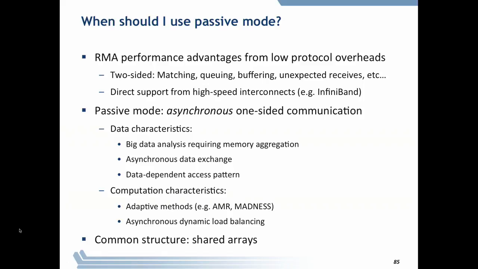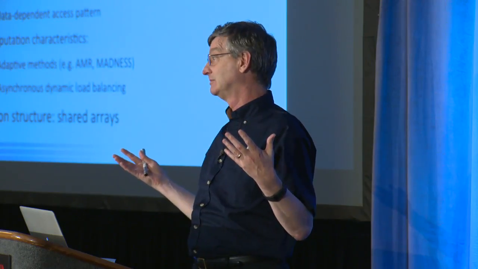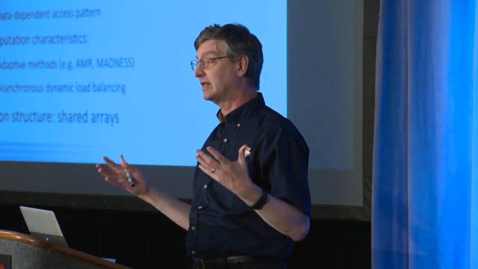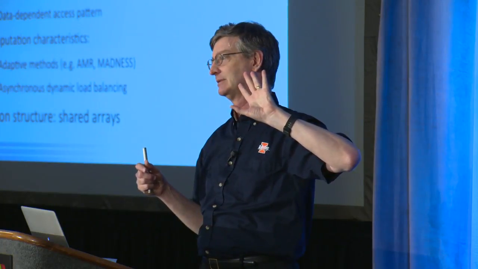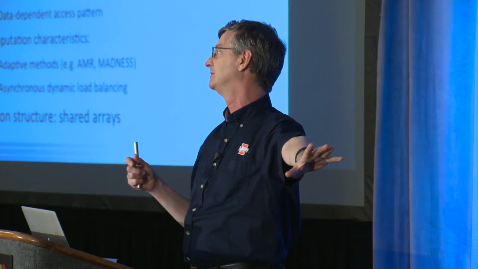Essentially, if you're doing a put of a contiguous block of data to a window, it's possible to compute the location in memory where that goes. The network hardware can just send it. The passive mode gives you additional benefits, but it also requires the MPI implementation to handle the passive operations access. It means the MPI implementation has to be able to deal with, for example, an accumulate to remote data.